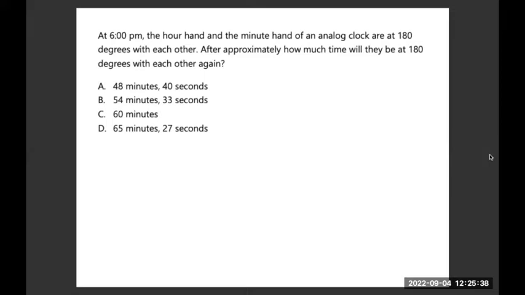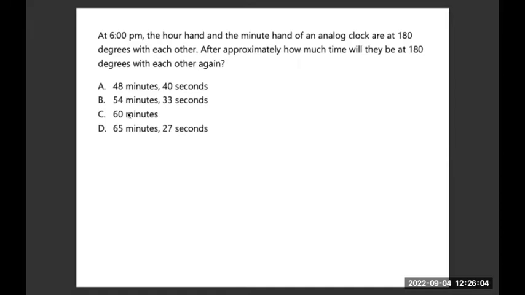Between 6 o'clock and 7 o'clock, will there be any time instance where it will be at 180 degrees? Just a question. No. So which is the obvious answer then? There's only one obvious answer, right? 65 minutes, 20 seconds. Yes, that is the only obvious answer left.